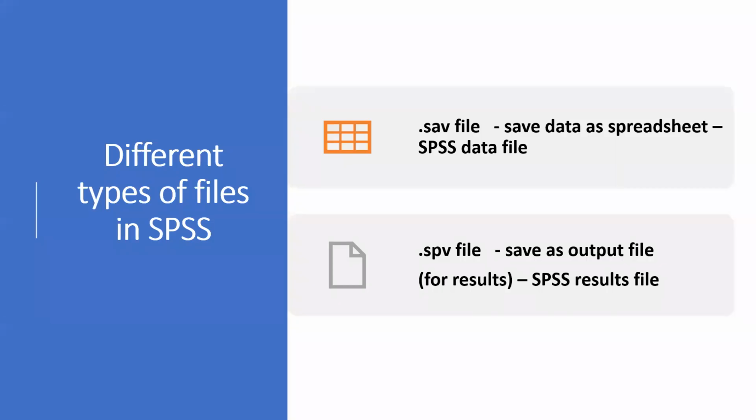Okay, so that is a data file. Now another file is called the SPV file. This can be saved as an output file. Whatever I have shared with you consists of the SAV file. So you can just click on that, and SPSS will open in that.